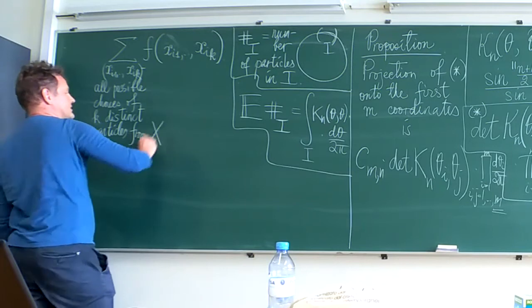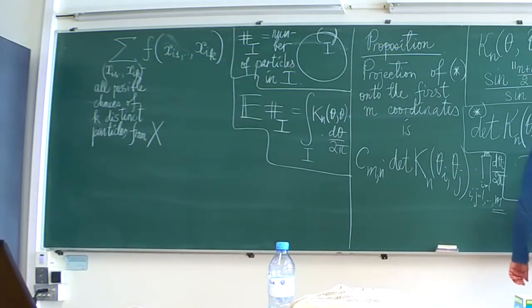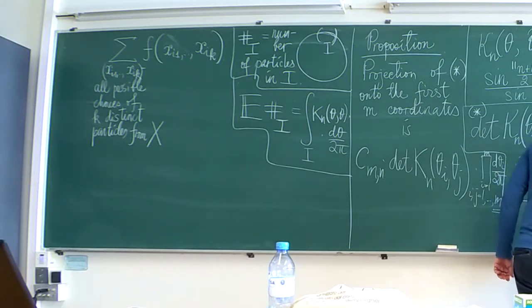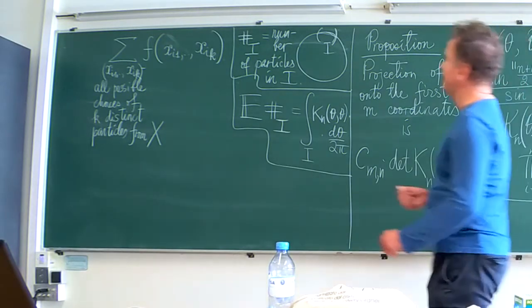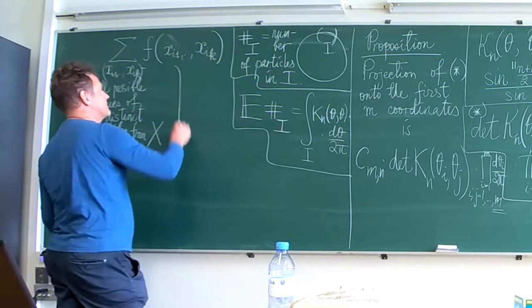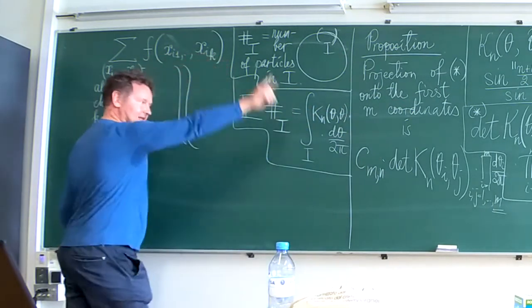Let me use the notation x for the moment: x is e to the i theta_l, with l from 1 to n. So all possible choices, by what we formulated and then proved.